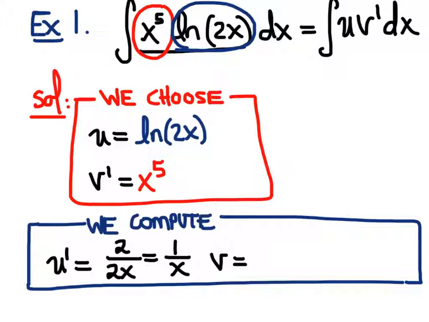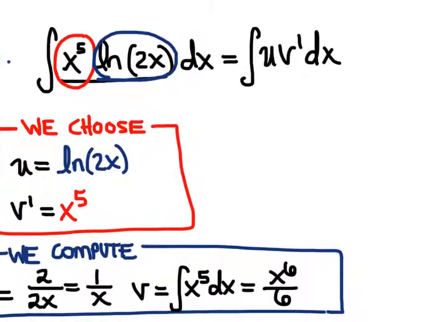So we take the integral of v prime, which is x to the fifth, with respect to x. That's a very basic integral, so it's x to the sixth over 6. Generally, you would have plus c, but as we discussed in class, that's not necessary with this method. The plus c will come later on.